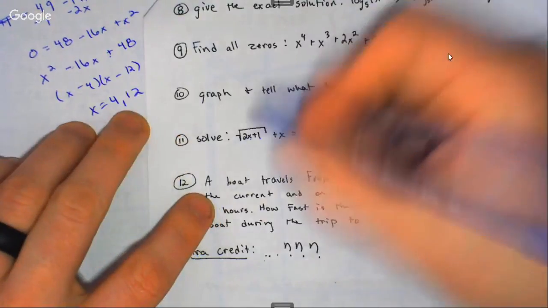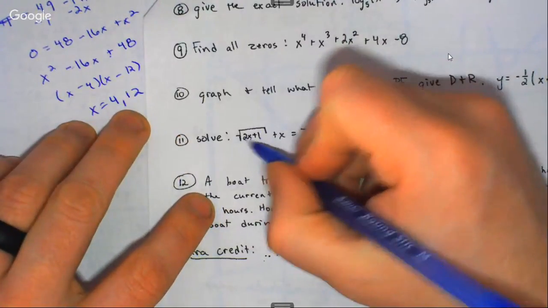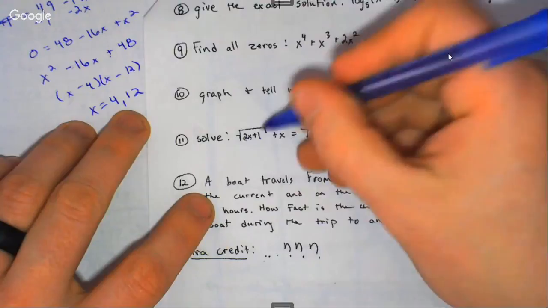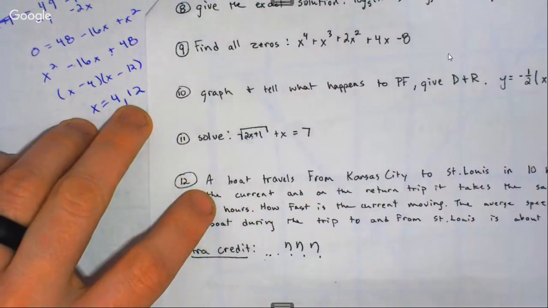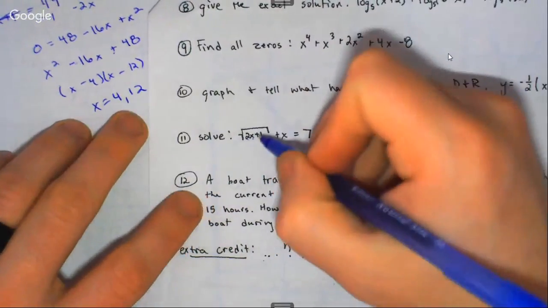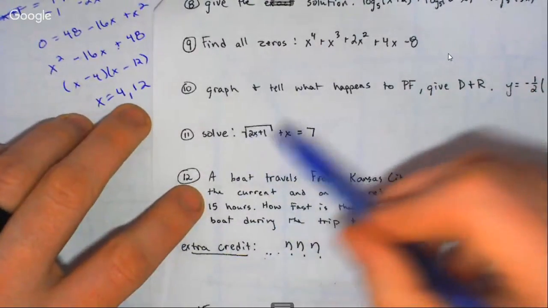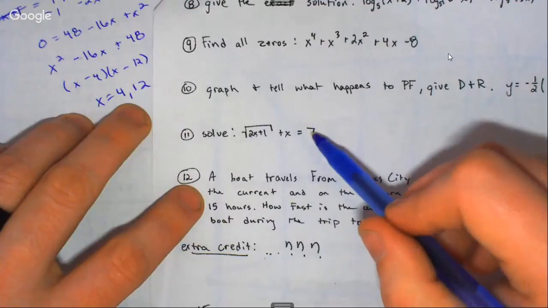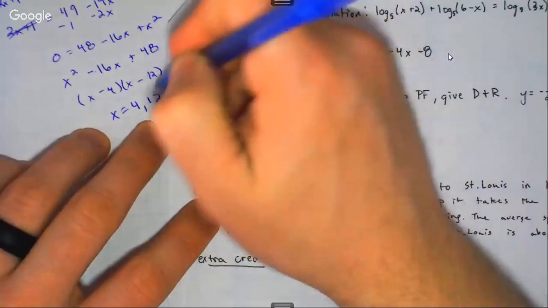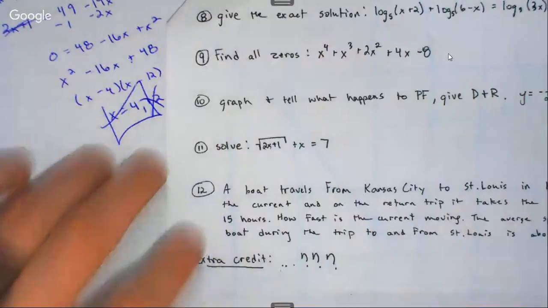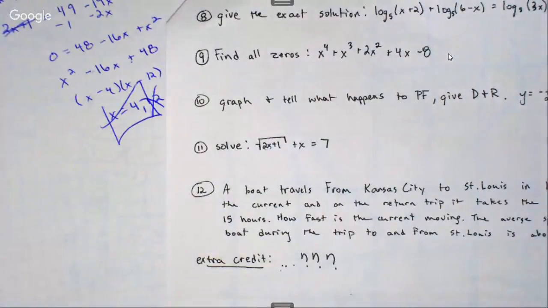Okay, plug your 12 in there. 2 times 12 is 24. 24 plus 1 is 25. The square root of 25 is 5. 5 plus 12 is that 7? No. So then you just get 4. So in this case, there was just one answer.